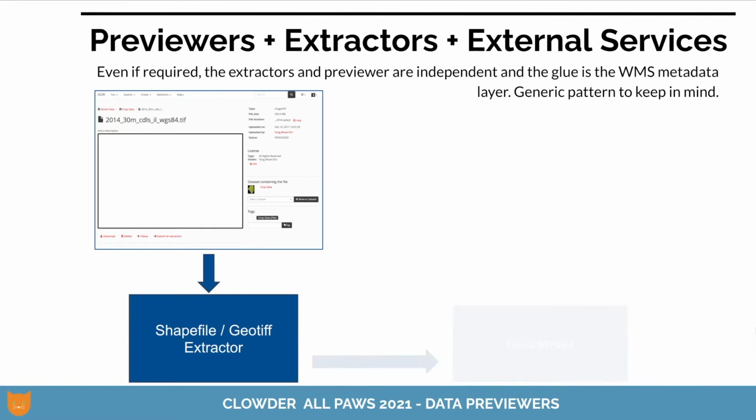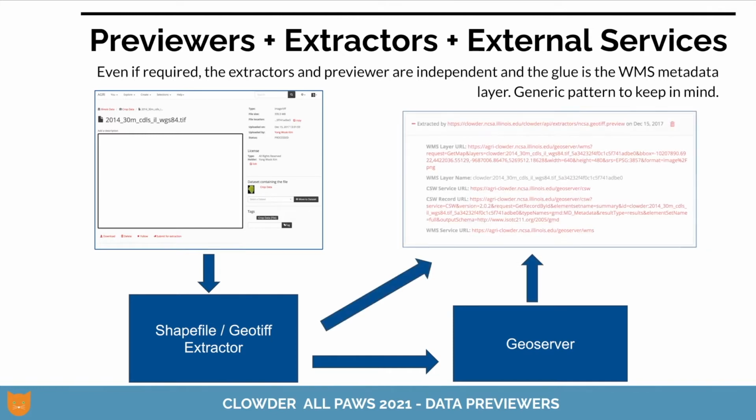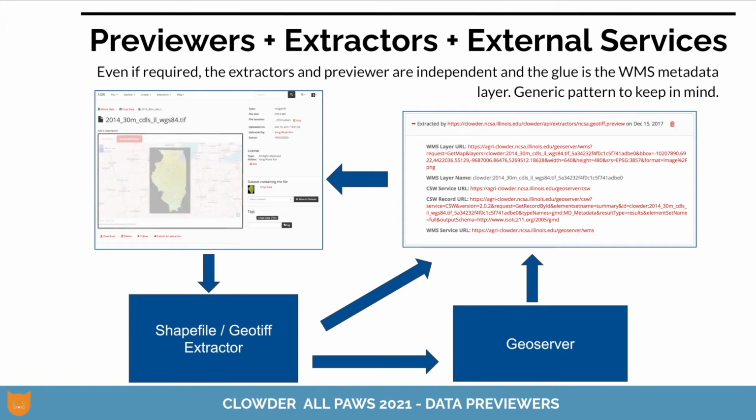The extractor will run on the file that triggered it and process that file into one or more layers. It will then upload these layers to GeoServer and produce appropriate metadata in Clowder that maps back to the layers in GeoServer. The previewer then can query Clowder and GeoServer to render a rich preview of the image that allows the user, for example, to zoom in and out.